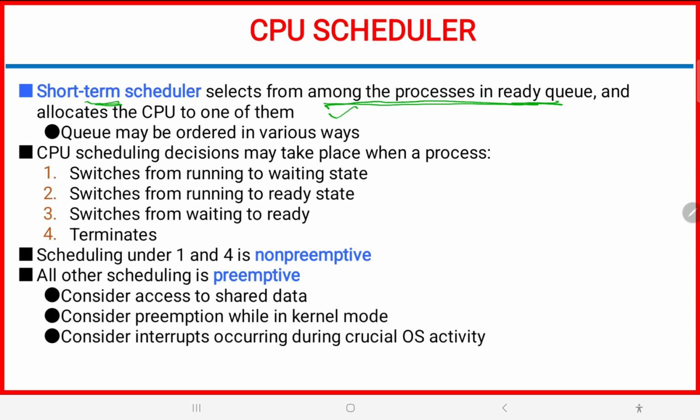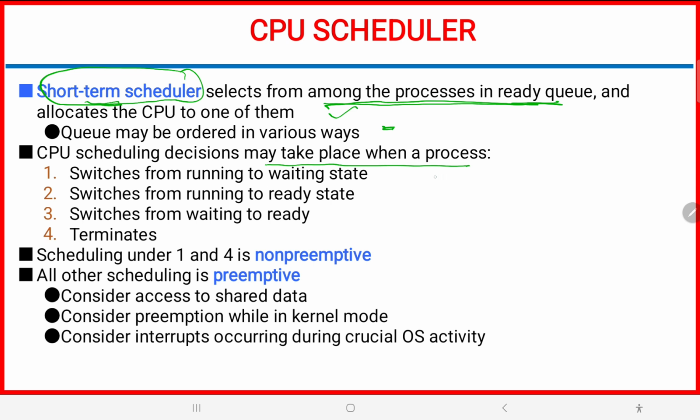As far as the queue over there is concerned, it is ordered in various ways. So, CPU scheduling decisions may take place, actually, when? When does the CPU scheduler execute itself to fetch a process from the ready queue and pass it on to the running state for CPU's execution?